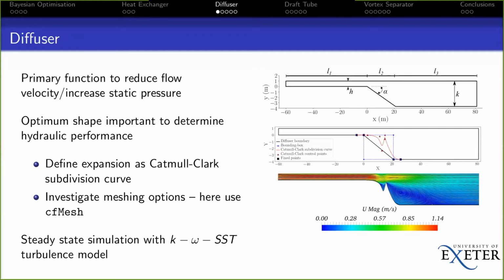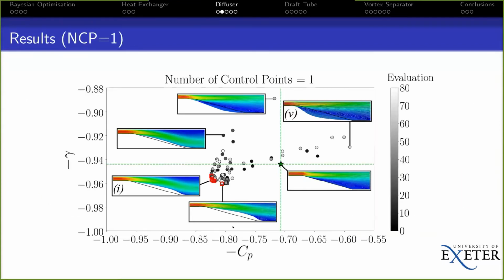And we investigated various meshing options, and actually we've used cfMesh to mesh the domain here. And we ran this for a steady state case, but with turbulence using the k-omega SST model. And depending on how many control points we use, we get various different Pareto fronts. Again, it's a two-objective optimization here. So using one control point, we get quite smooth, simple geometries.